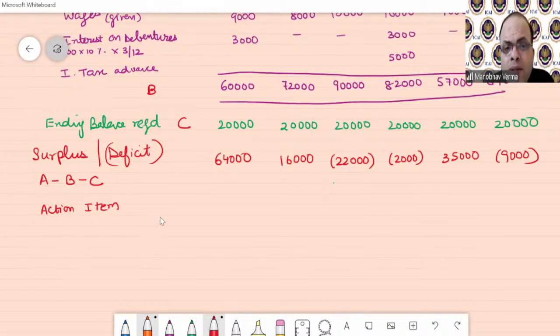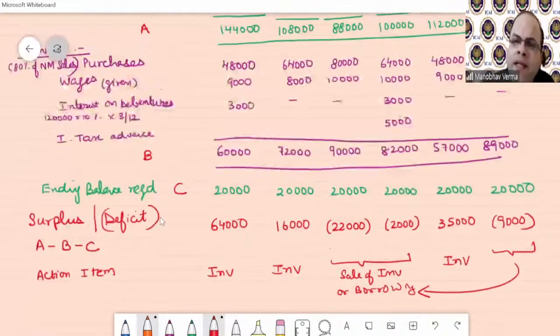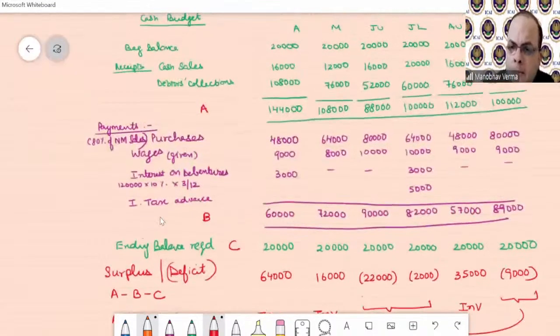So the action item is to do the investment here, investment and investment. In the negative numbers, we are looking at a sale of investment or borrowing. And similarly here also. Make sense, everyone? I think that's what you guys told me just now.